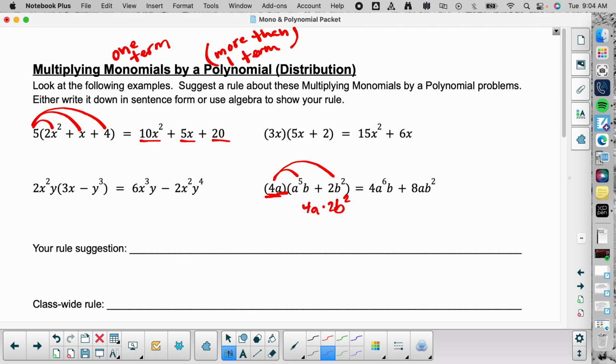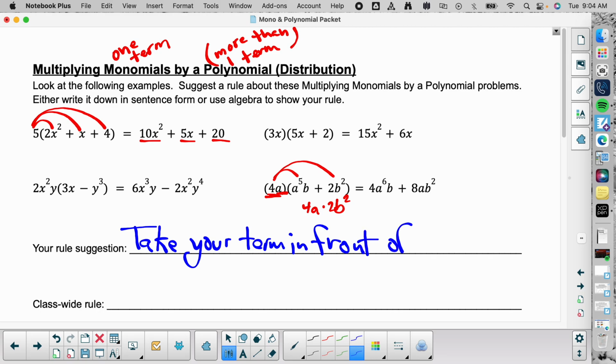Your rule suggestion, oh boy. I feel like this one's going to be longer. Take your term, front of the parentheses.